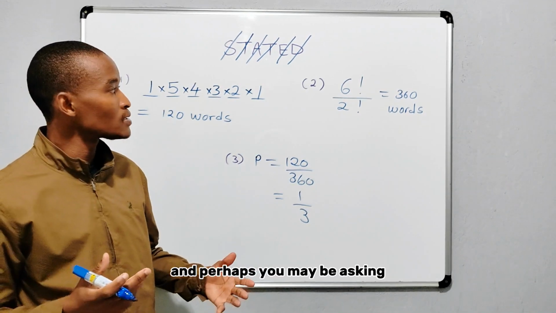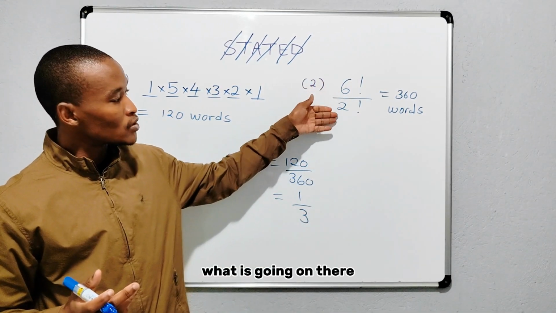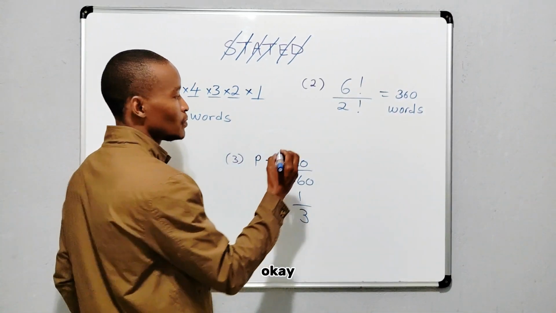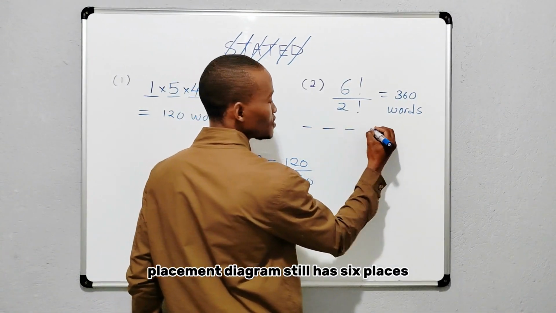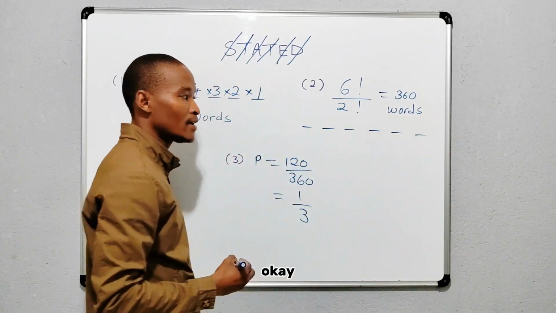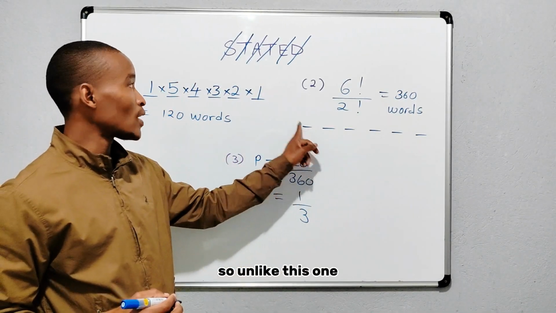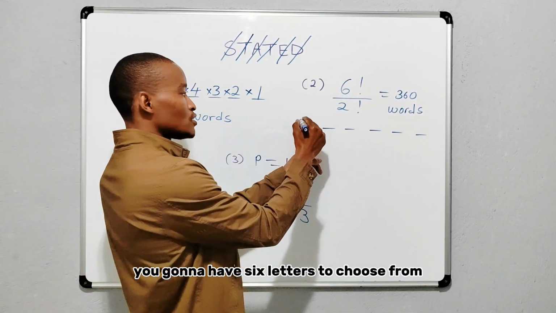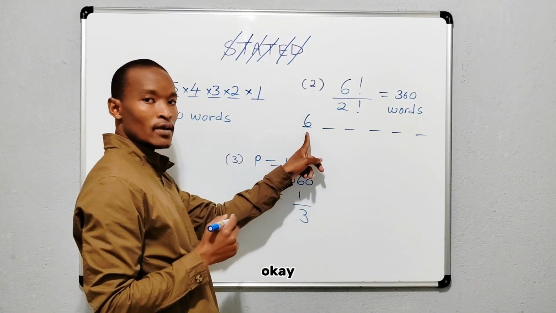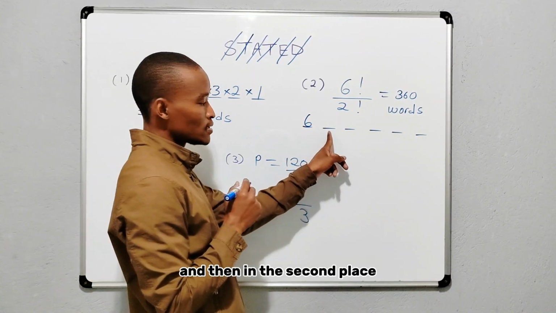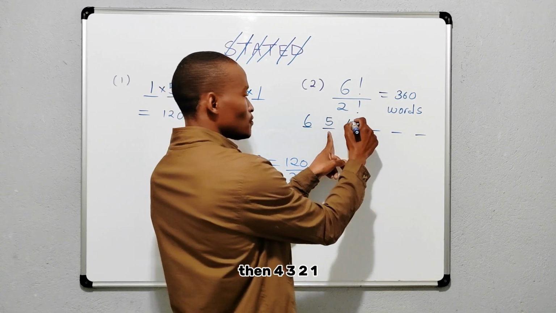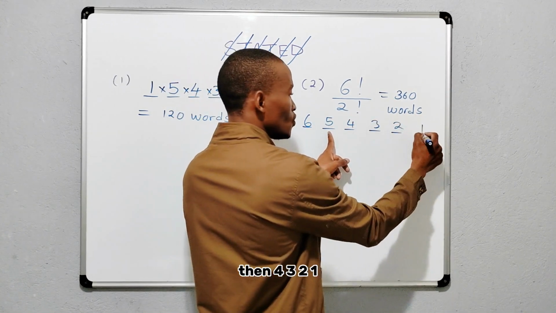And perhaps you may be asking, what is going on there in terms of the placement diagram. The placement diagram still has 6 places. There's no restriction. So unlike the previous one, in the first place here, you're going to have 6 letters to choose from, and then in the second place, you're going to have 5 letters to choose from, then 4, 3, 2, 1.